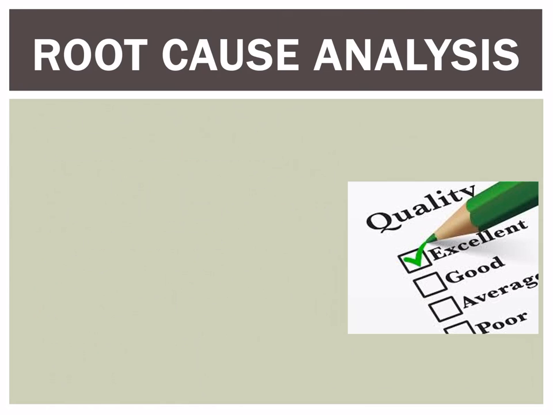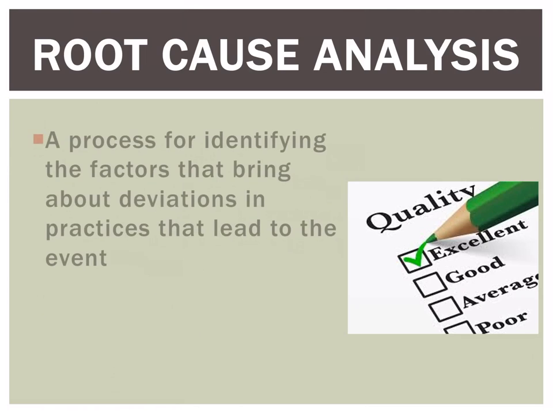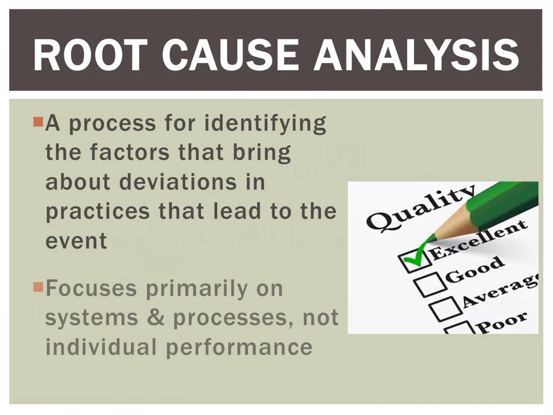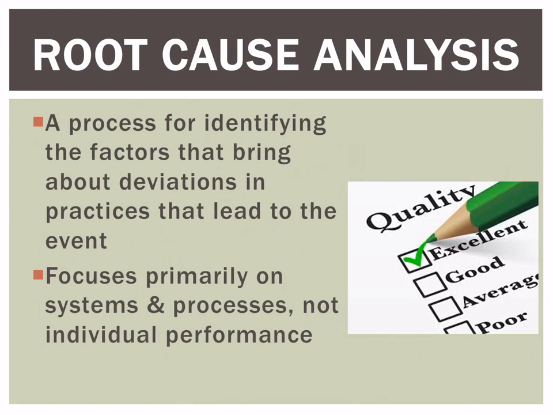We also have here the root cause analysis. So it is the process of identifying the factors that bring about deviations in practices that lead to the event. It focuses primarily on systems and processes, not individual performances. So in your root cause analysis, it means that we determine the main cause of the problem.